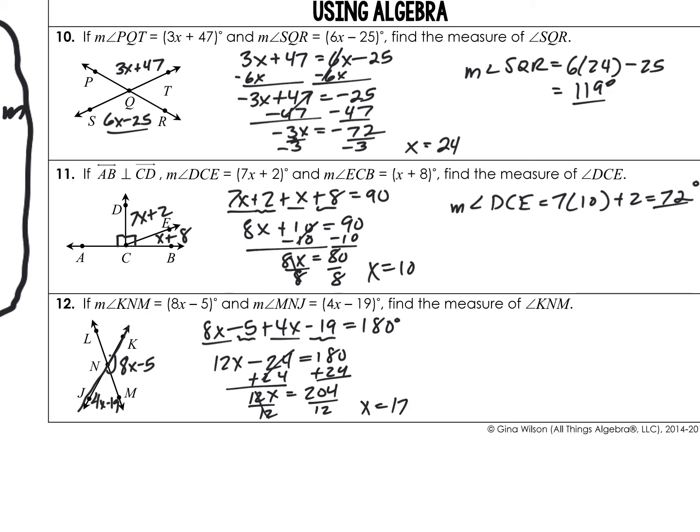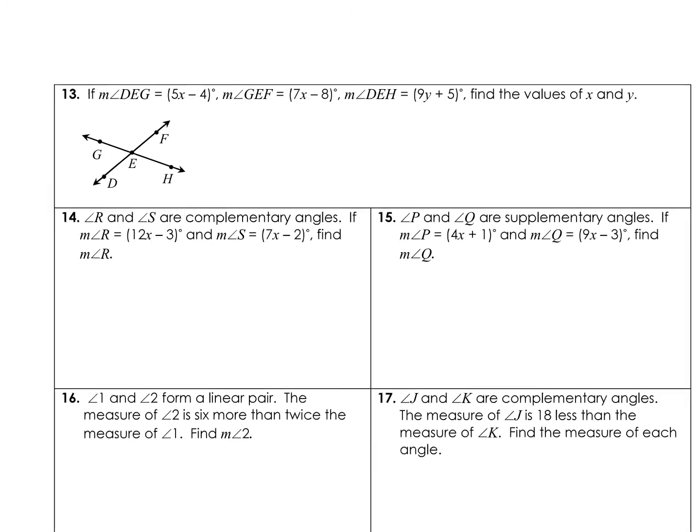Okay, if x equals 17, then the measure of angle KNM is equal to 8 times 17 minus 5. And 8 times 17 minus 5 is equal to 131 degrees. Okay. Page number 13.